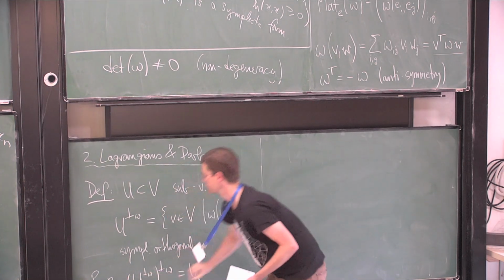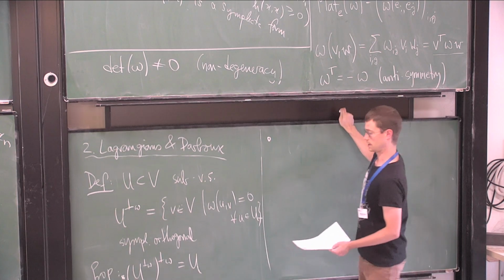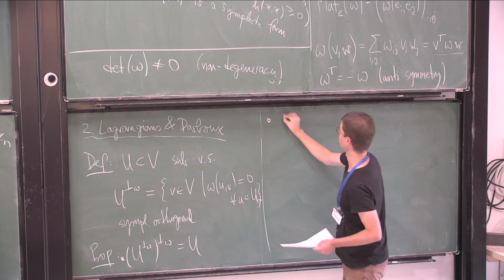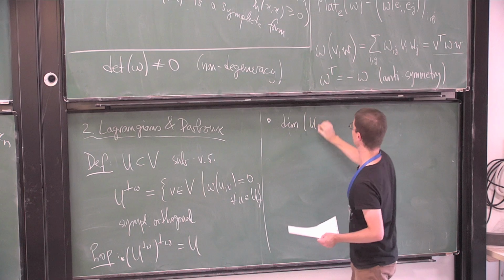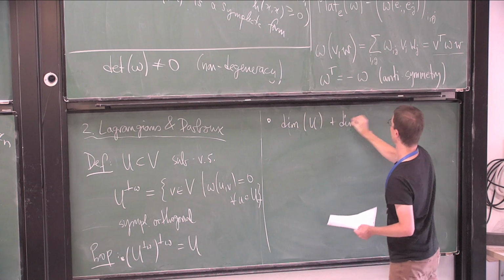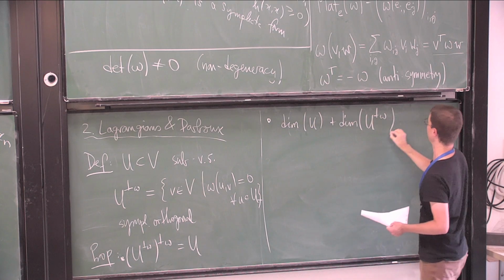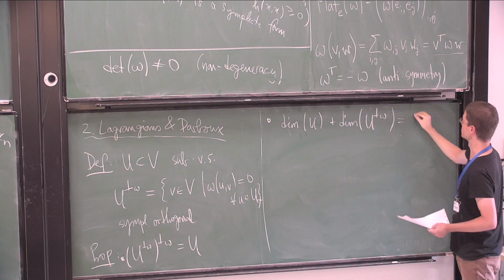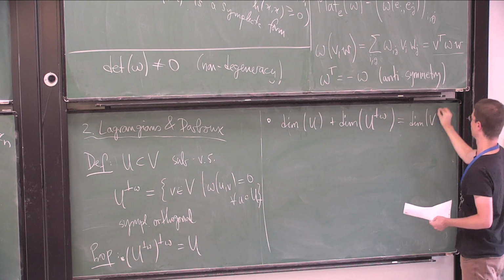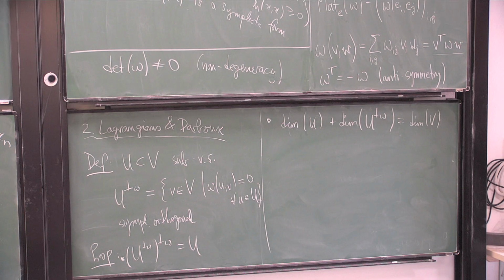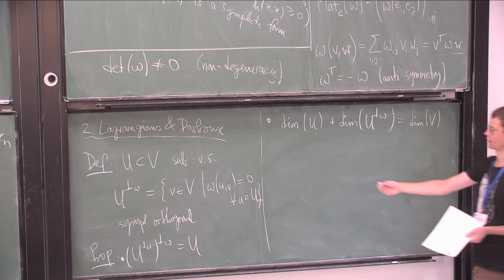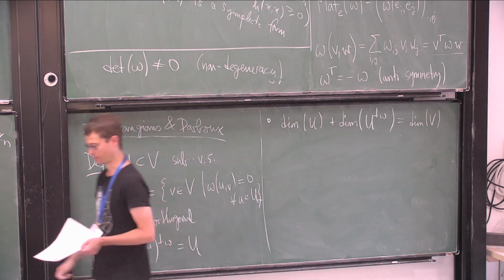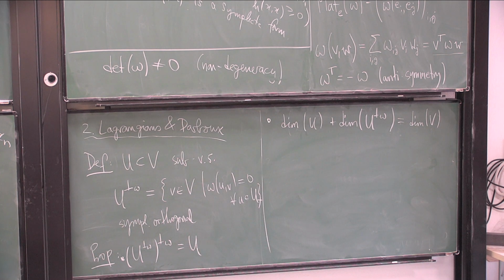And another thing which is true, the second point, is if you compute the dimension of U plus the dimension of U orthogonal, this is the dimension of V. So you really get the impression that it's the same object as for a metric, but no, there's a big difference.